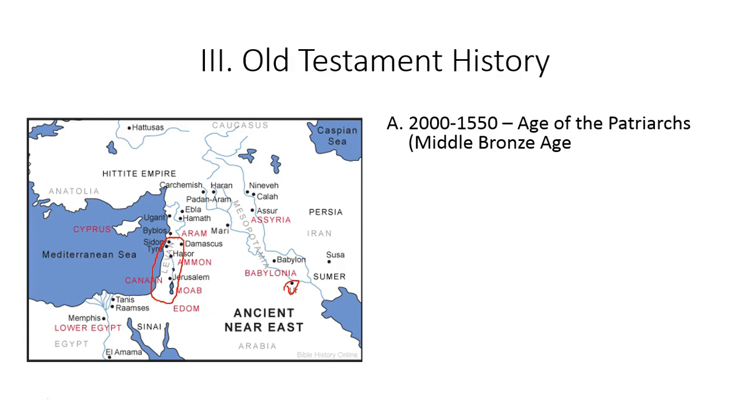Okay. Now, as the biblical story tells us, in 1550 BC, Abraham's descendants, some members of that very first family, are eventually going to make a journey down here into Egypt. And while they are in Egypt, a couple of things are going to happen.